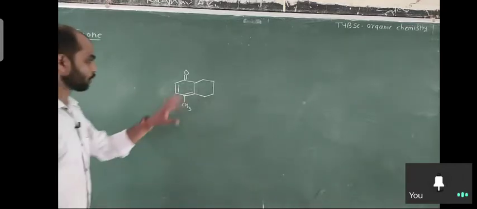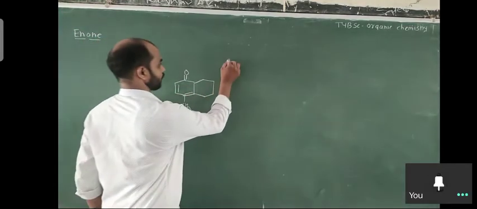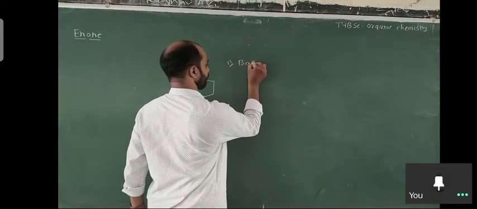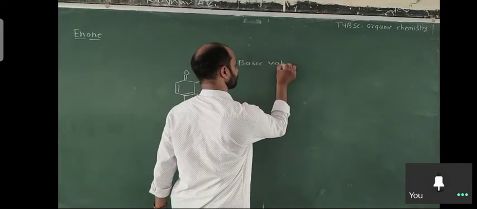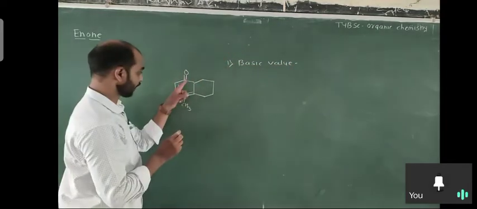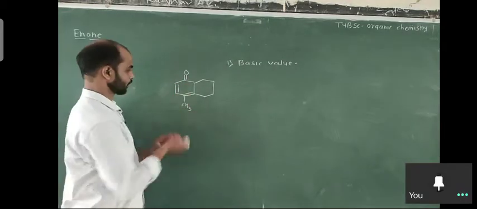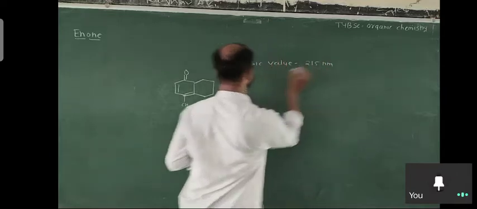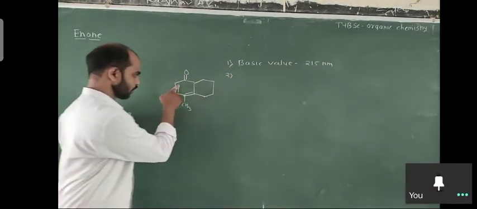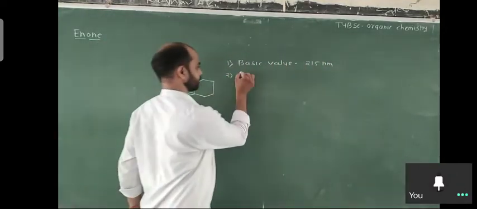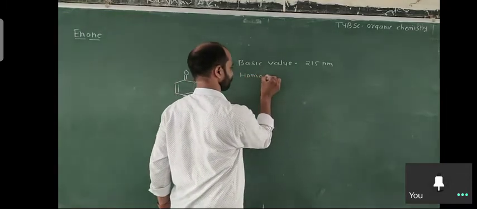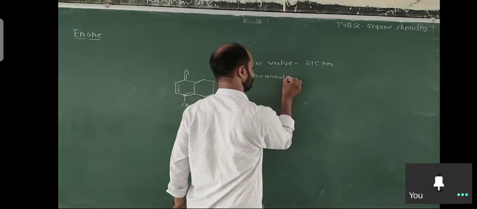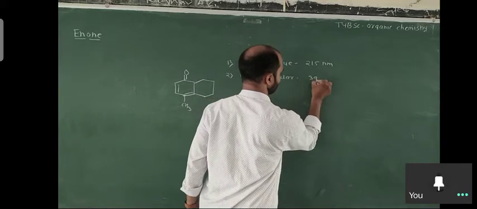Okay, so for this example, first is what is the basic value. So the basic value, it is a 6-member ring, so basic value is 250 nanometer. Second point, homoannular diene is present. Nanometer.